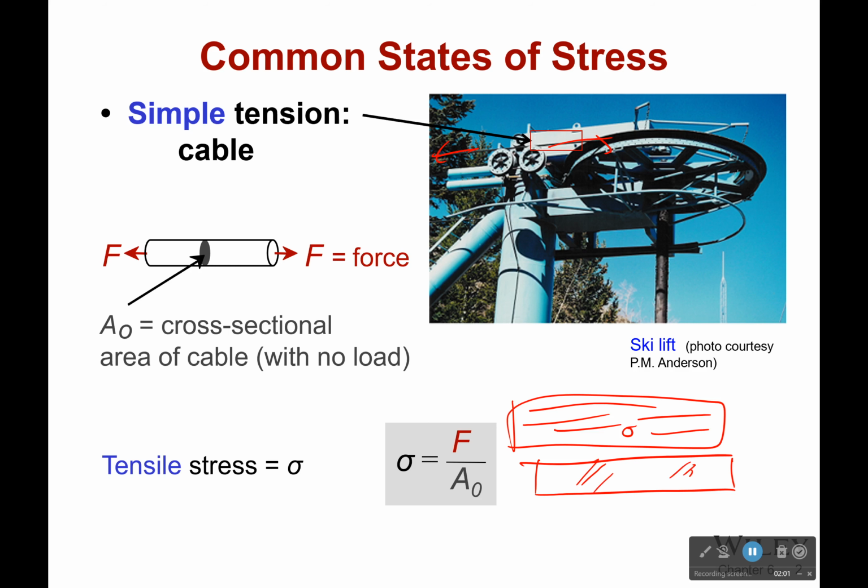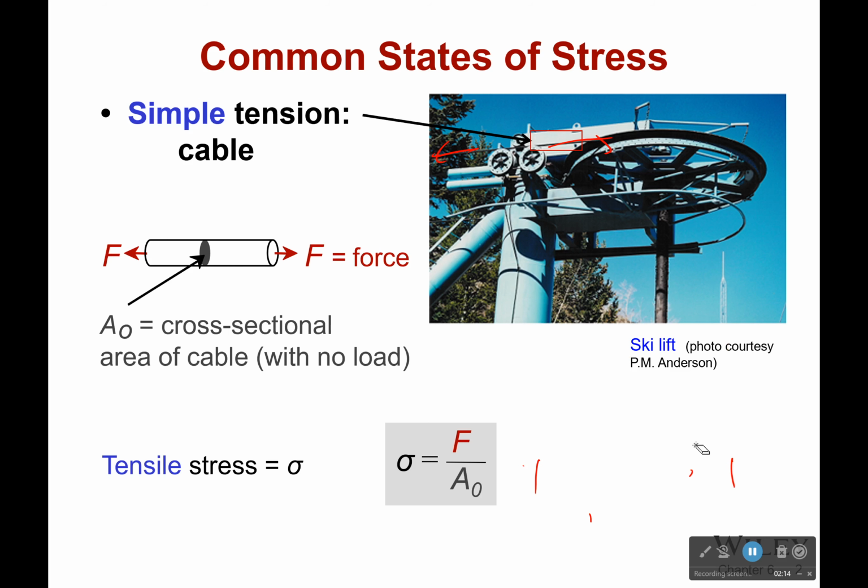So if we wanted to compare them, we wouldn't compare a giant wood beam to a tiny metal beam directly because maybe the wood could take more force, but that's not very useful. What we would do instead is we would say, okay, what is the stress that each can take? Because the stress averages out that force. It's more or less the magnitude of the internal force, the intensity of the internal force. So we're going to be looking at this term stress a lot, and it's one of those equations that's very helpful to memorize.